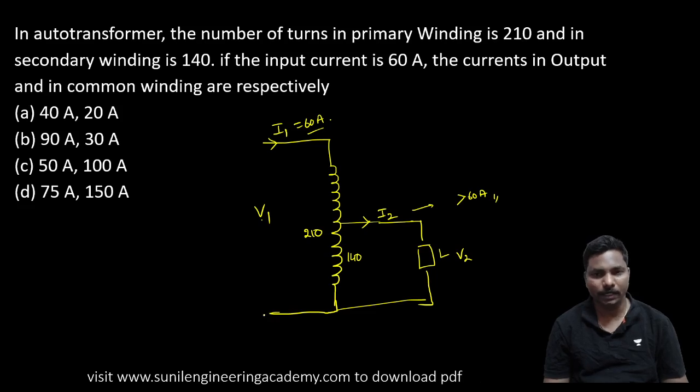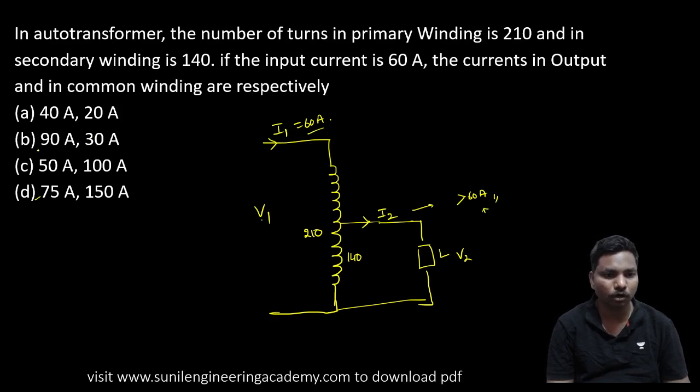All of you getting my point? In a transformer, whenever the voltage decreases, current has to increase. So 60 amps is the input, so the output must be greater than 60 amps.